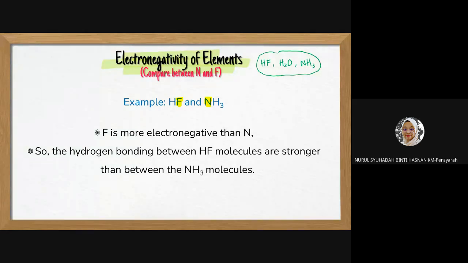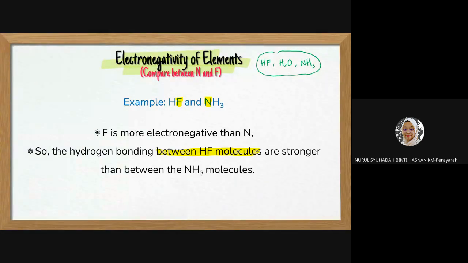Kalau awak perasan setiap kali saya nak compare the intermolecular forces, saya akan letak dekat sini between HF molecules, ada perkataan between. Saya tak kata hydrogen bonding in HF. Tak. Sebab apa? Kalau just cakap hydrogen bonding in HF, dia tak menunjukkan ada molekul yang banyak.